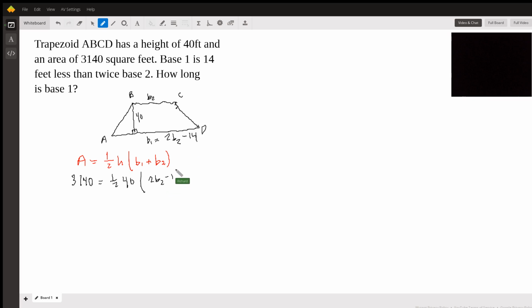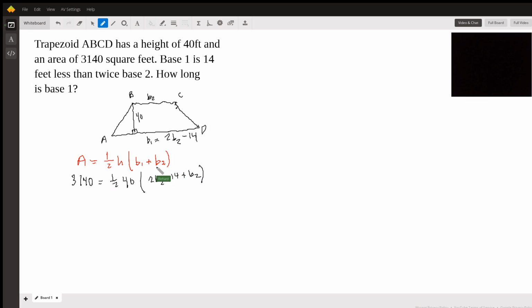So it's twice base 2 minus 14. And then plus b2. So all I did was substitute out b1 for this expression here. And then, of course, I had to carry the b2 down here. So this is the b2 up here, and then it gets carried down there.